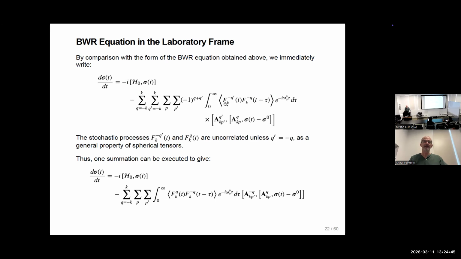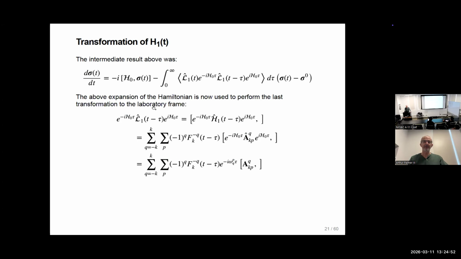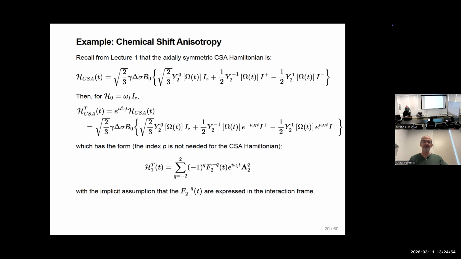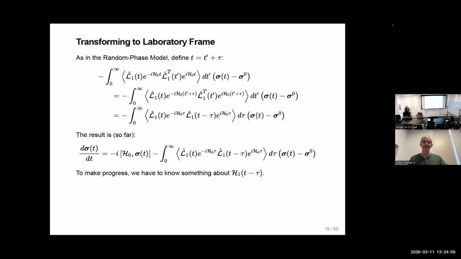We have then double sums over Q and Q prime because, back here, the Hamiltonians inside are already back in the lab frame, but we have to express them with the tensor expansion as well.